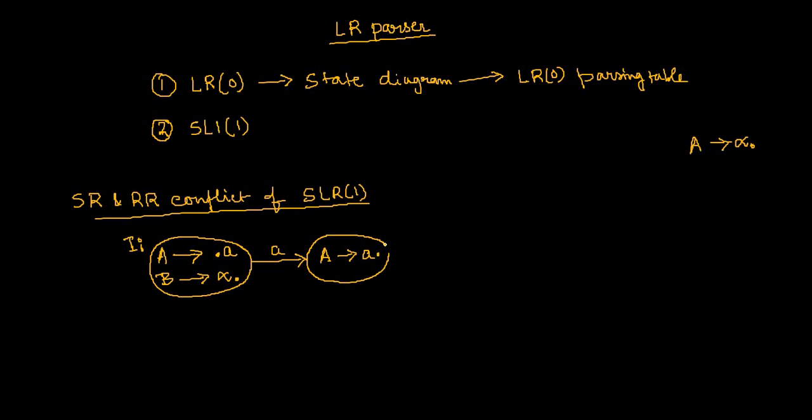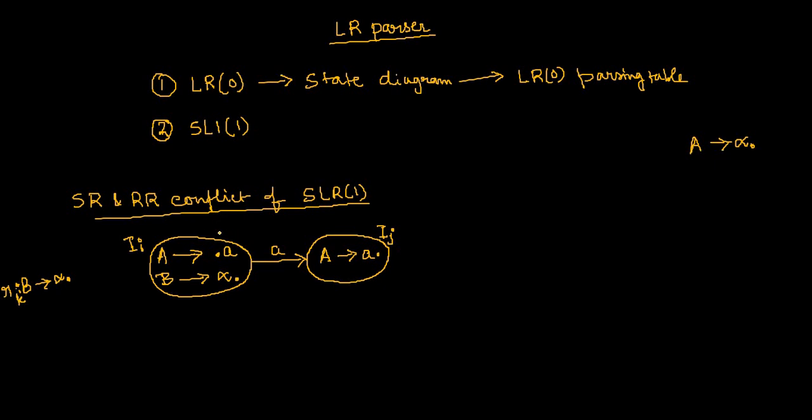And this B to alpha dot is, suppose, the kth rule in the grammar.